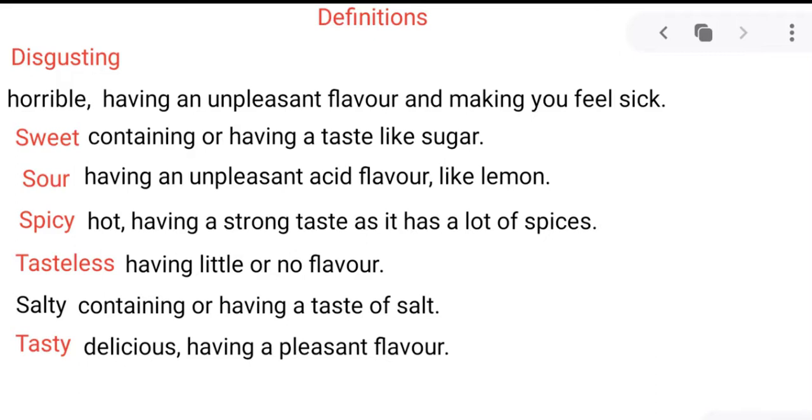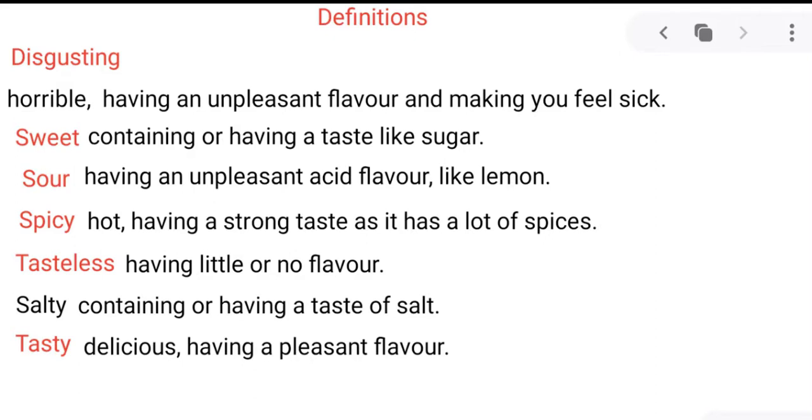So, in this lesson, we studied some vocabulary. They are all important, but I ask you to concentrate on the group of the adjectives which describe food.